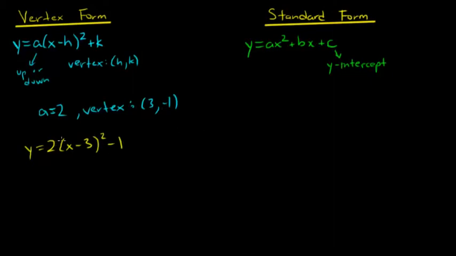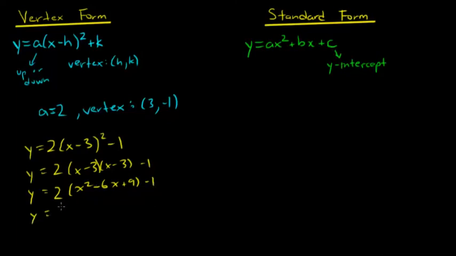Then we convert that to standard form by expanding. So we'll do this quite quick. (x minus 3) squared is just (x minus 3) times (x minus 3). And the more you expand binomials like this, the quicker you're going to get at it. So it's going to be 2 times x squared, subtract 3x, and another subtract 3x will be negative 6x. Negative 3 times itself is positive 9.